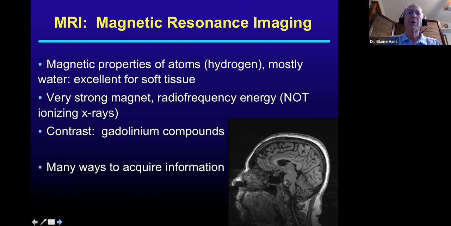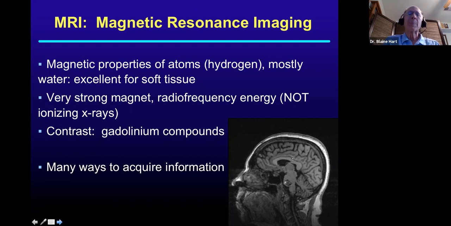It's done by using a very strong magnet and radio frequency energies, basically radio waves. So there's no ionizing X-rays involved. It depends on the magnetic properties of hydrogen, mostly water. You may not think of it as having magnetic properties, but extremely weak properties can be used to produce images of the brain.